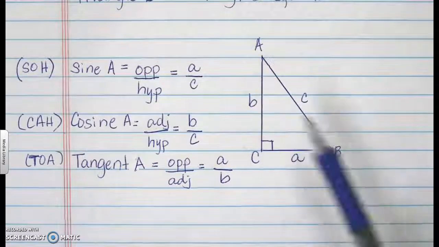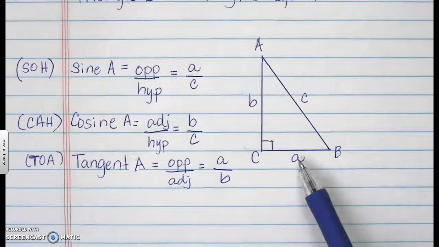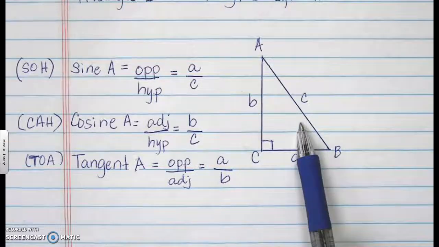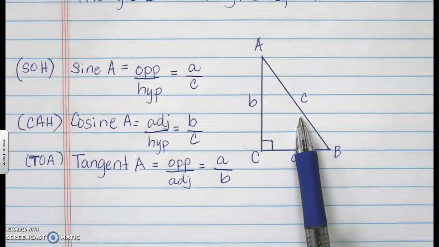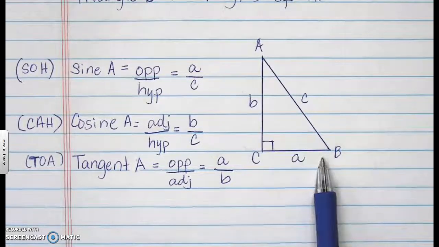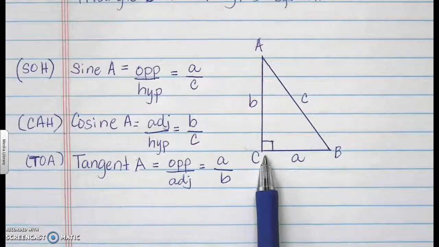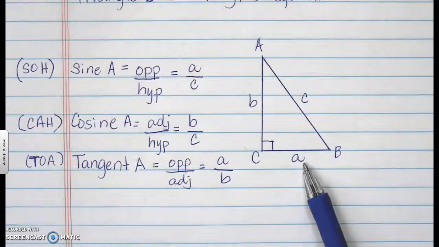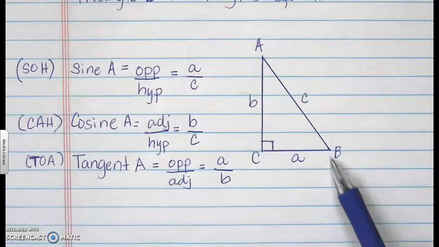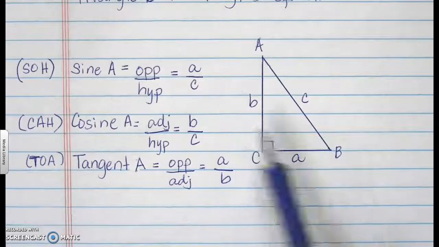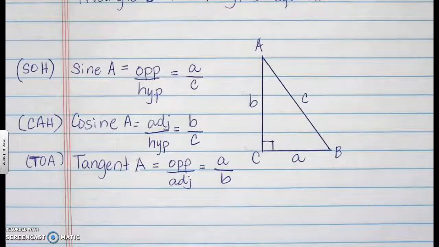Once again, speaking of adjacent, a and c are both adjacent to B, but c will never be called adjacent because it has a special name. The special name of c is that it is always fixed to be your hypotenuse, being the side opposite the 90-degree angle. Therefore, this side right here is always going to be called your adjacent in reference to angle B, and this will always be the opposite in reference to angle B.